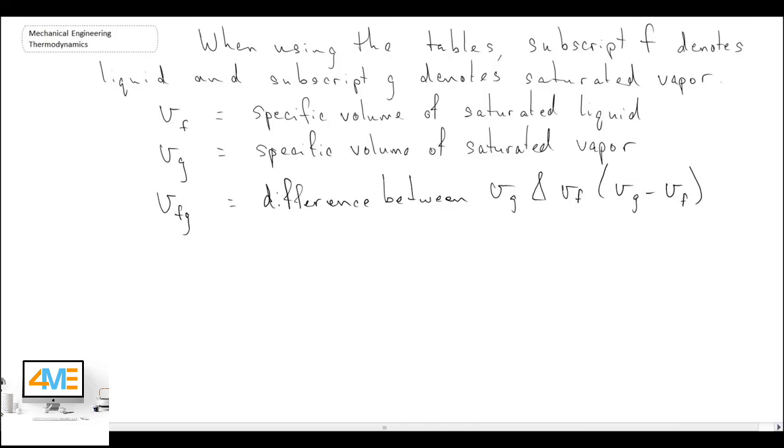And we'll use that in calculating the properties of mixtures that are in the middle of the two-phase region. So when you're performing calculations in the two-phase region where you have a mixture of vapor and liquid, we need a way to be able to determine the properties, because we're not at the saturated liquid point, nor are we at the saturated vapor. We're somewhere in between those two.